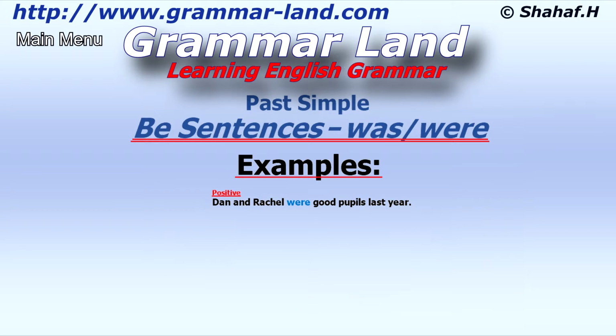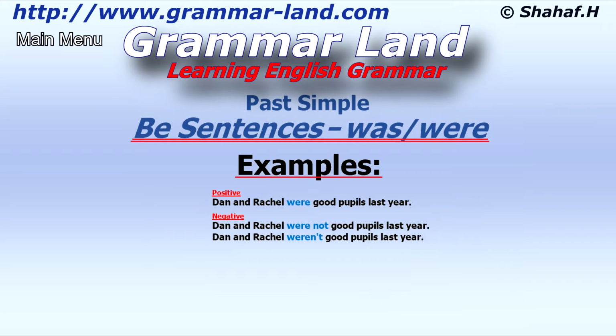Positive. Dan and Rachel were good pupils last year. The subject, Dan and Rachel, is equal to they, therefore we use were in this sentence. Negative. Dan and Rachel were not good pupils last year. Or, Dan and Rachel weren't good pupils last year.